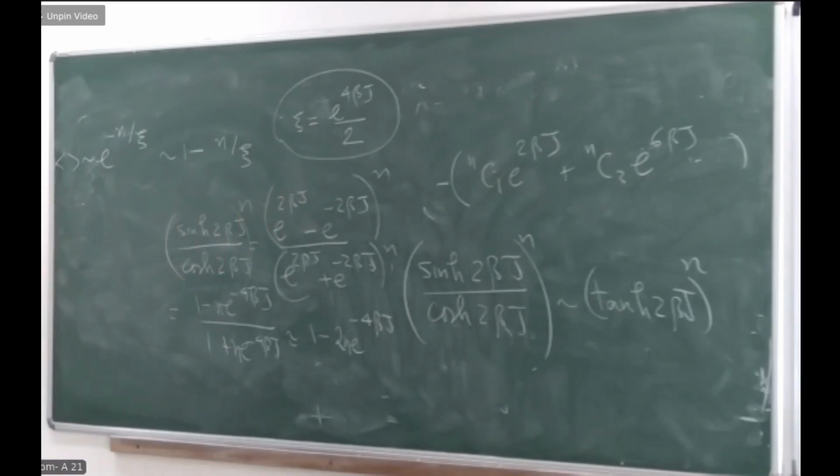I did the correlation, it is 2 beta j. These are 2 beta j, 4 beta j, 6 beta j, that's how it goes.